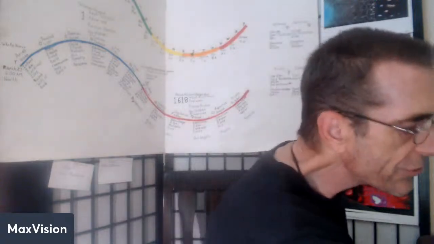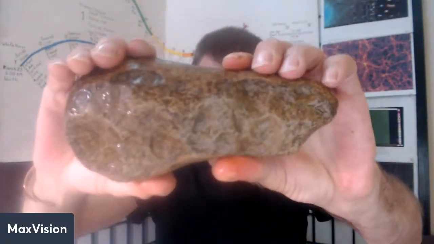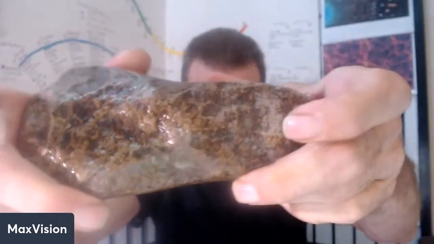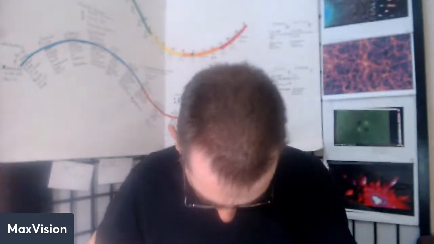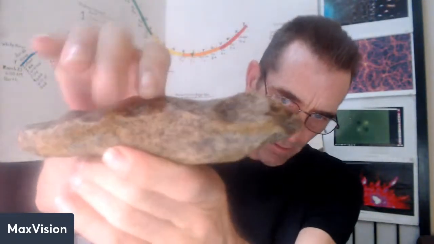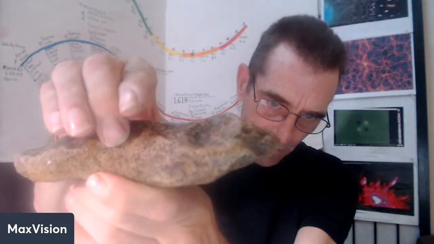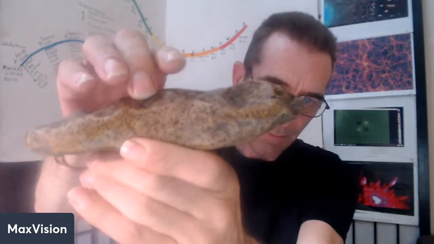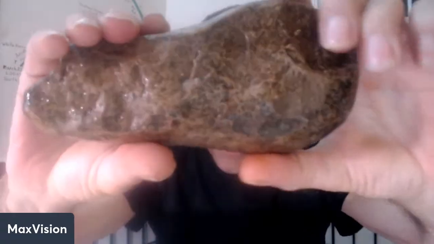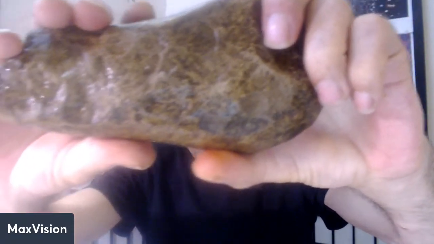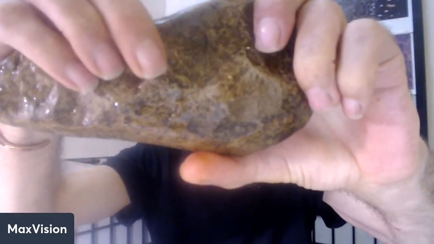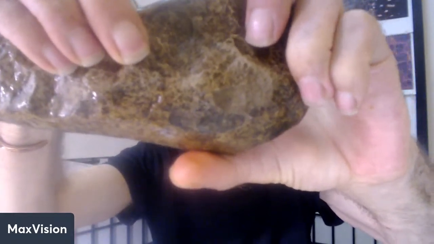And there's a separation line between the gray and the reddish. Right along here, you can see it separates from red to gray down here. And when it dries, you can see right in the middle here, get it in focus, there's a circular pattern.